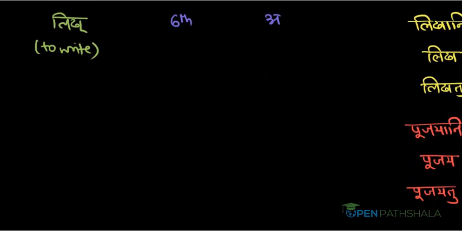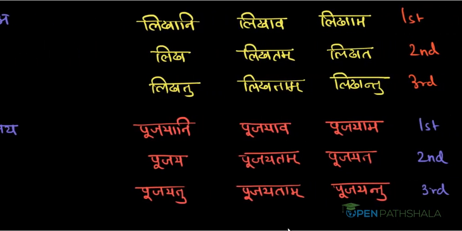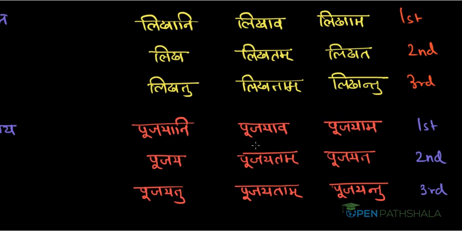The next root we have is puja. Puja means to worship. We all know that this particular root belongs to the 10th group. So vikarana pratyaya aya will be added to it. The forms that we get will be pujayani, pujayava, pujayama of first person, pujaya, pujayatam, pujayata of second person, and pujayatu, pujayatam, pujayantu of third person.